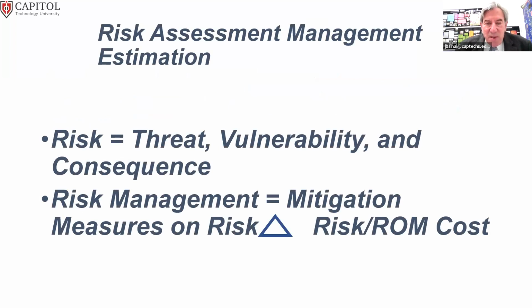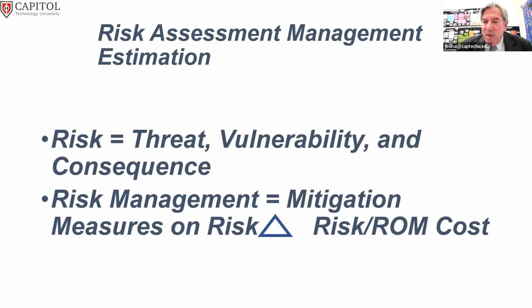Risk management involves the whole process of mitigating risk. And so one way of defining it is that risk management is a function of the impact of mitigation measures on risk in terms of the impact on the rough order of magnitude of the cost of mitigating the risks.